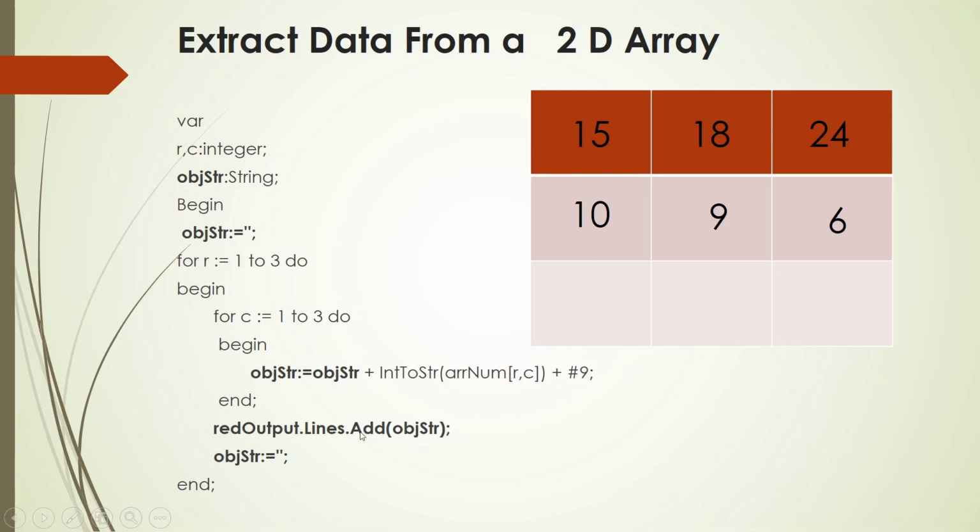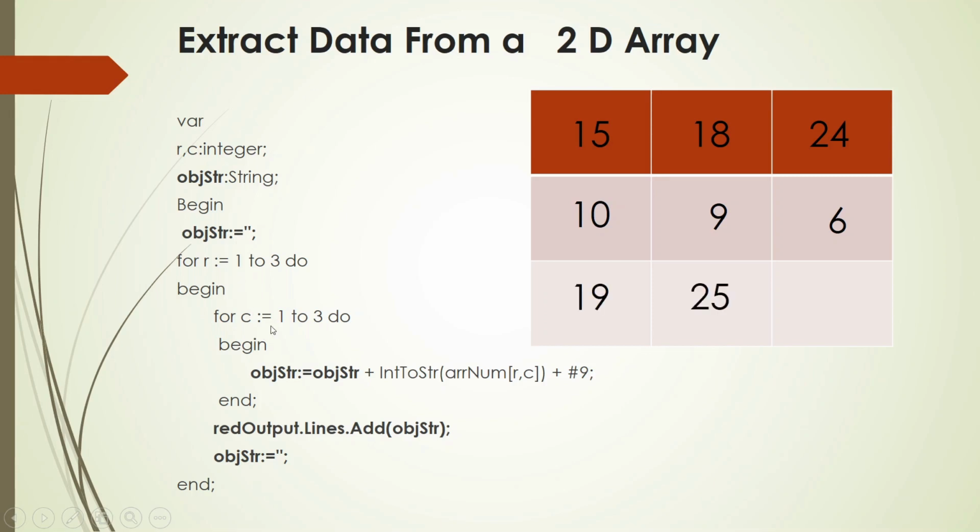All it's doing is creating this object string and displaying 10, 9, and 6 very neatly in tabs. I now initialize my object string to a null string, nothing. I go back up and R now becomes 3.